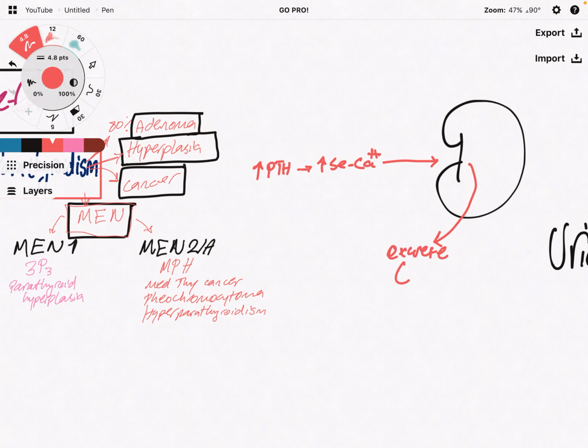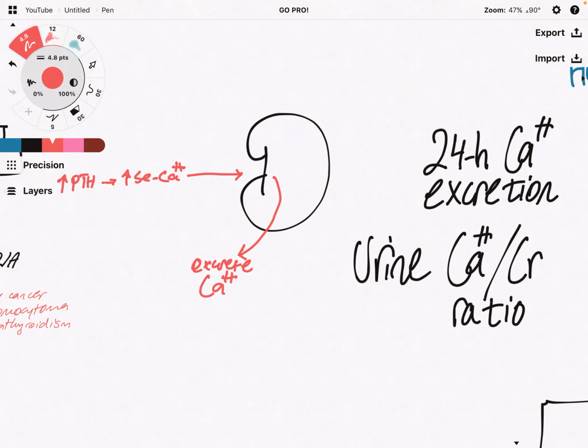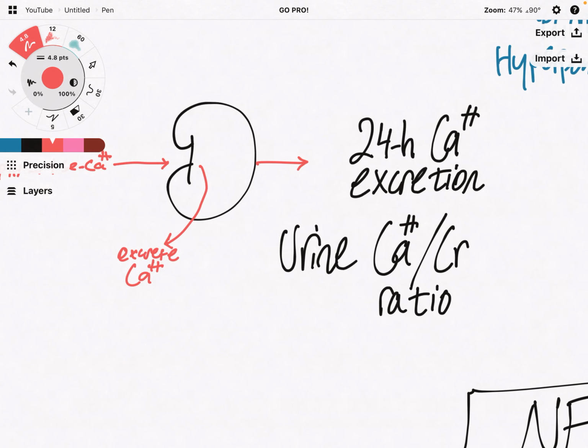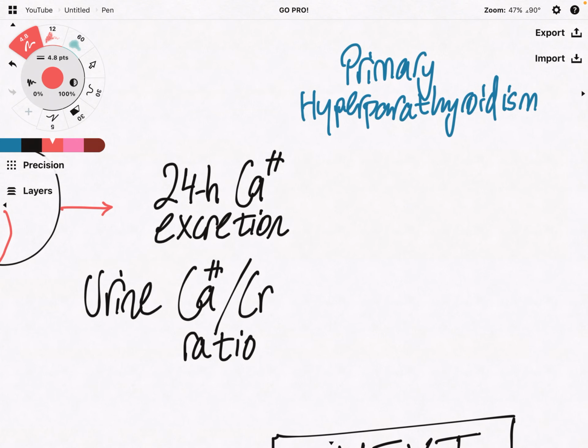So in primary hyperparathyroidism, if we measure the 24-hour calcium excretion, we would find that it would be more than 250 milligram, right? So we collect the urine of this patient for 24 hours, and then we measure the calcium level in it. If it is more than 250 milligram, this is diagnostic for primary hyperparathyroidism.